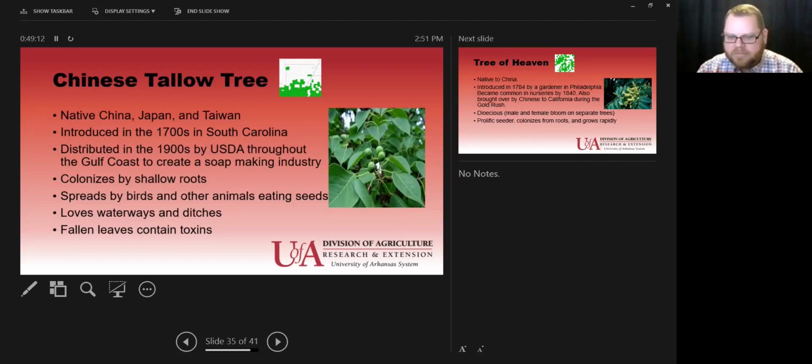And when they fall, other animals will come through and eat those and cause a problem, and it does make a nice ornamental tree, but it escapes and it produces other trees so quickly. Does have a nice fall color to it, but it does take over quickly.